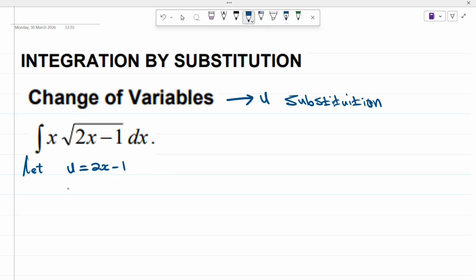And then we differentiate, so du/dx will be equivalent to just 2.